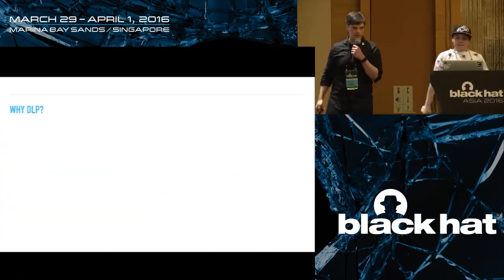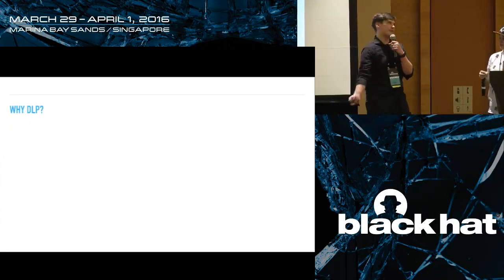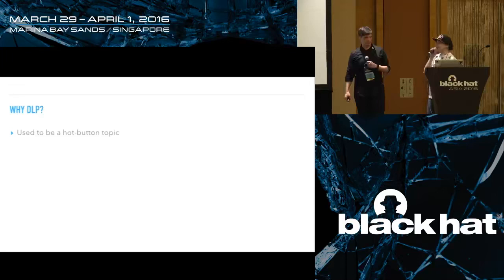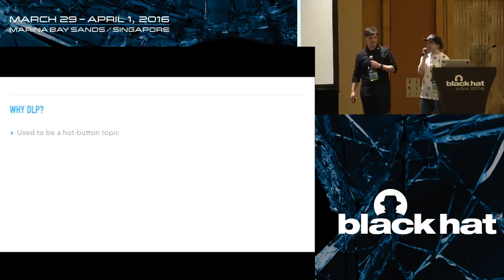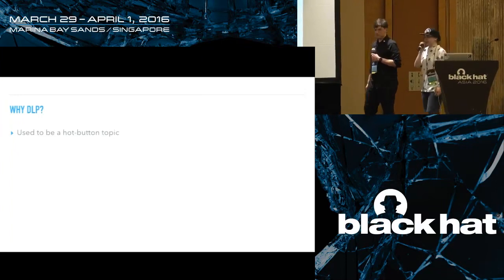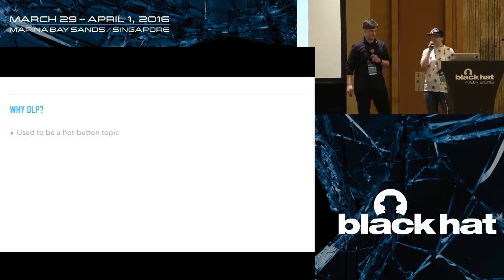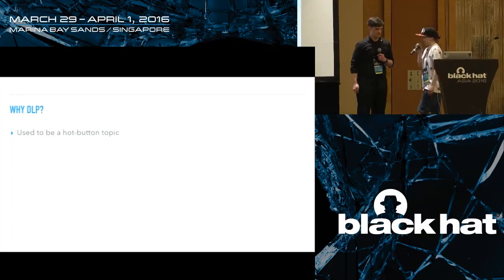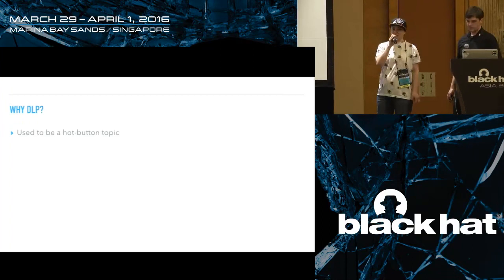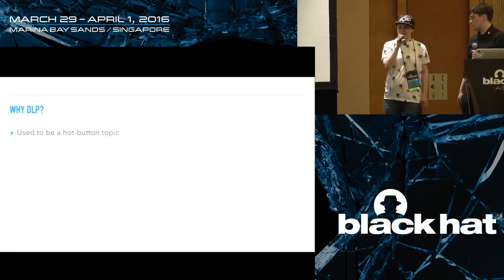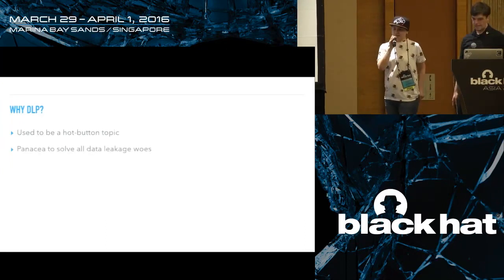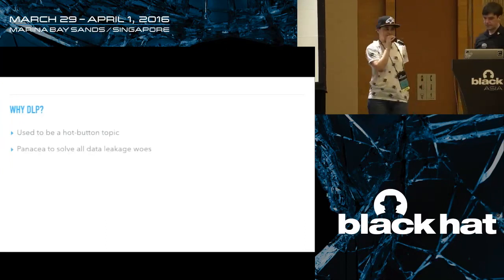So why did we choose to look at data loss prevention? Well, why is data loss prevention a thing to begin with? Let's see. At least 10 years ago, people started realizing that there was such a thing as security breaches that were a big deal. We in the security industry have known this for a long time, but large organizations were just starting to realize that maybe having my information get ferreted out of my company is not a good thing, and I'd like to prevent that from happening.